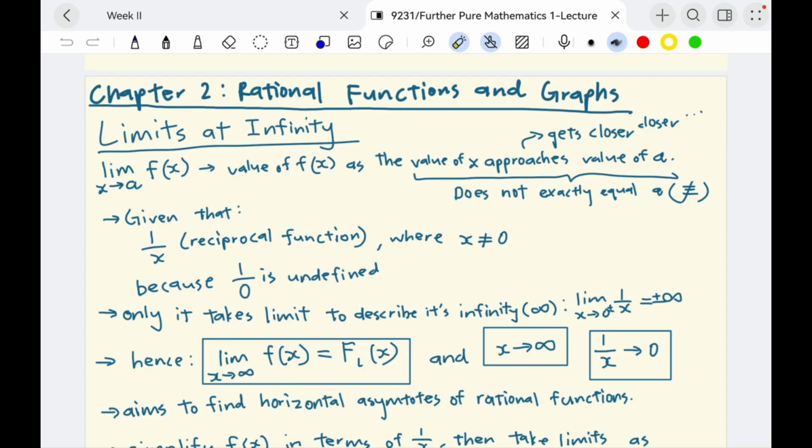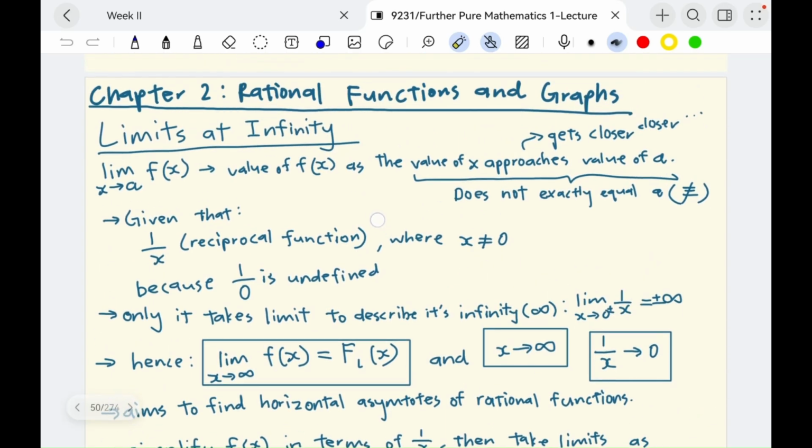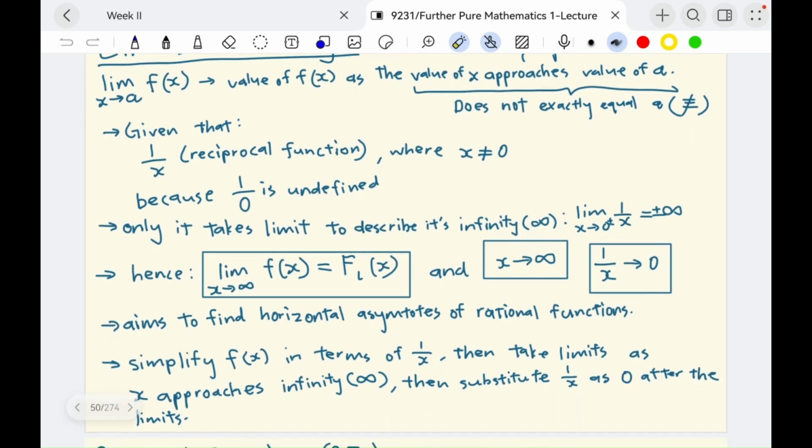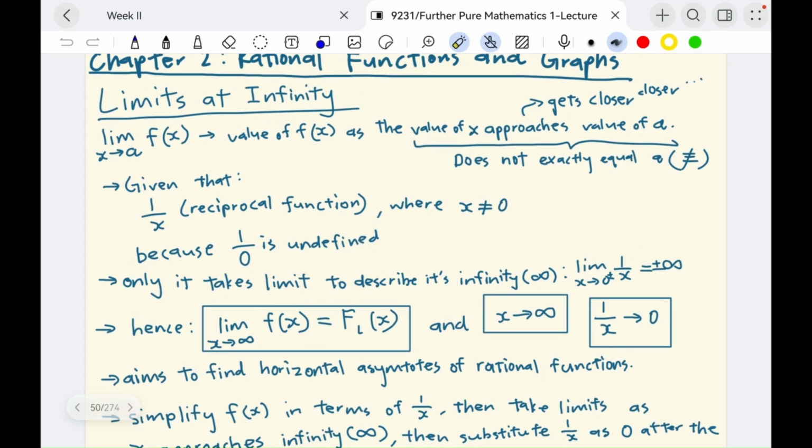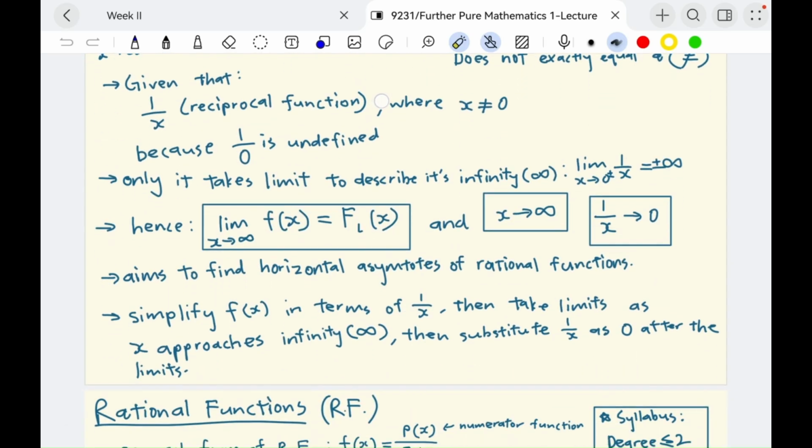So the next thing, we are going to define infinity. In rational function graphs, of course, it involves the reciprocal function, which is 1 over x. Everyone knows that in 1 over x, the x is the denominator, and the denominator cannot be 0, because 1 over 0 is undefined. But what is the situation when it is defined as infinity?